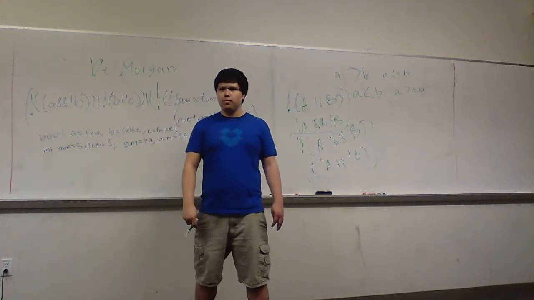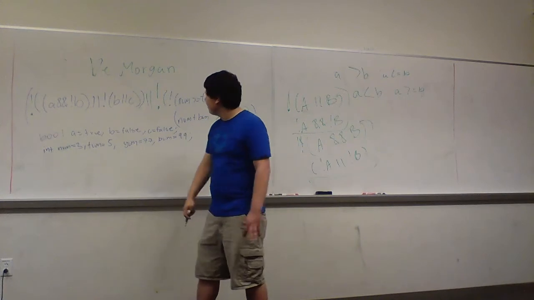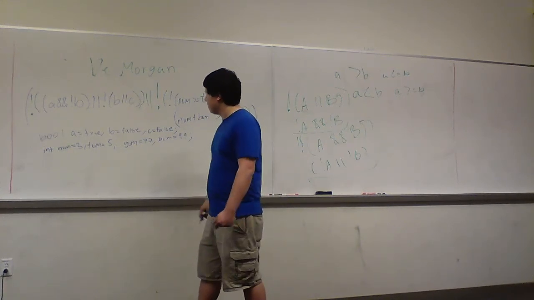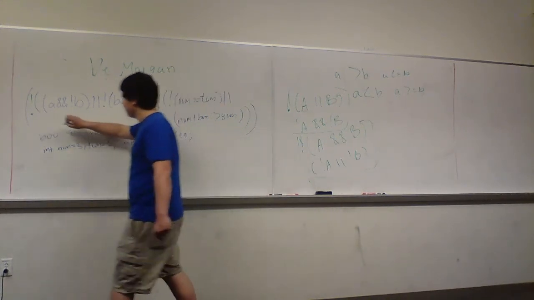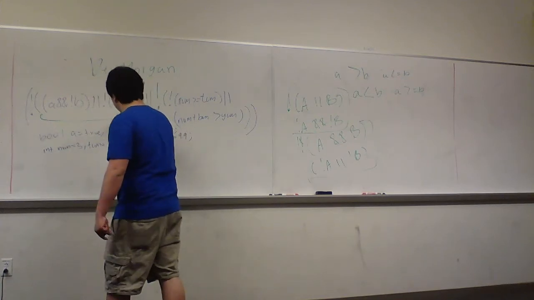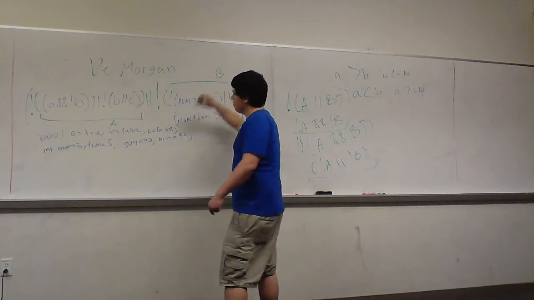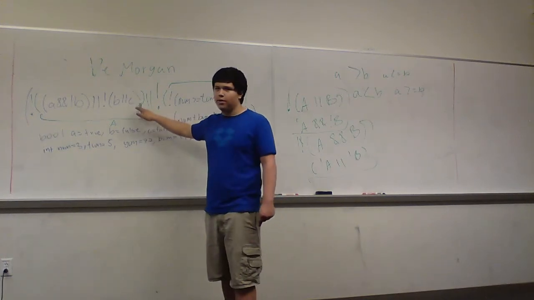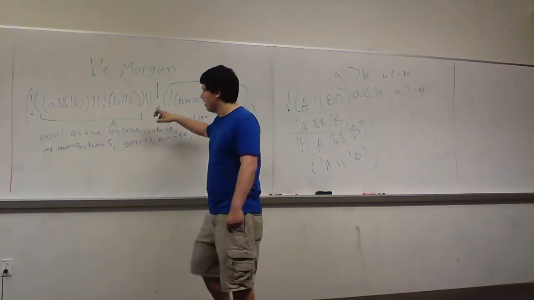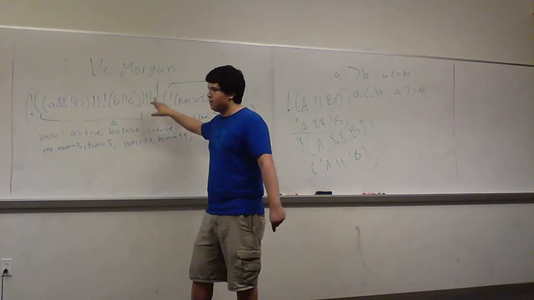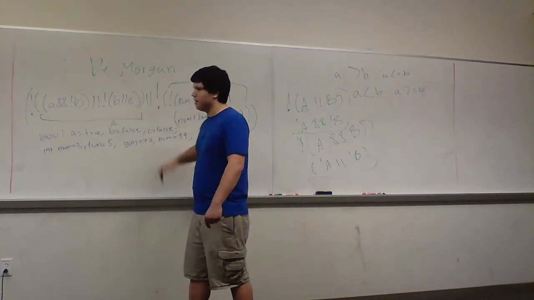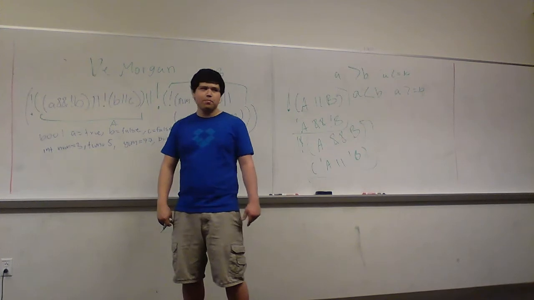So that's the first step. We can just make this A, and we can make this B. And then we flip the operator, and we say not A or not B. Just using that.